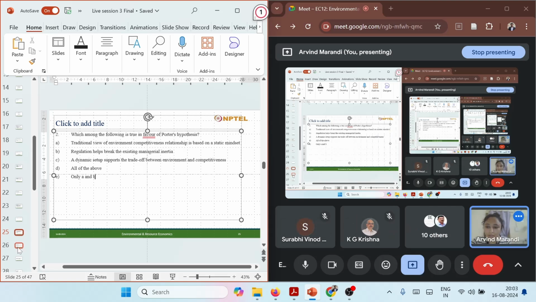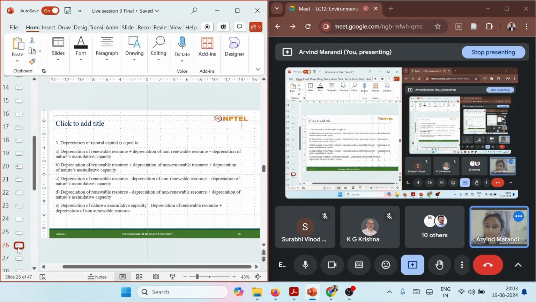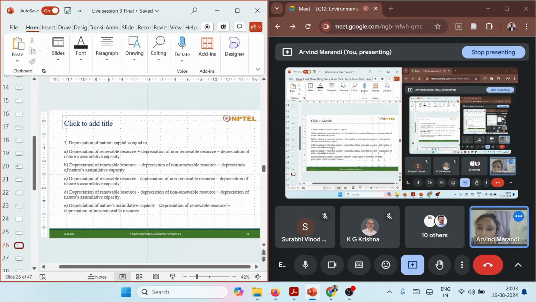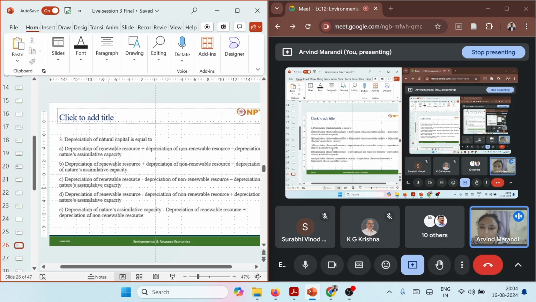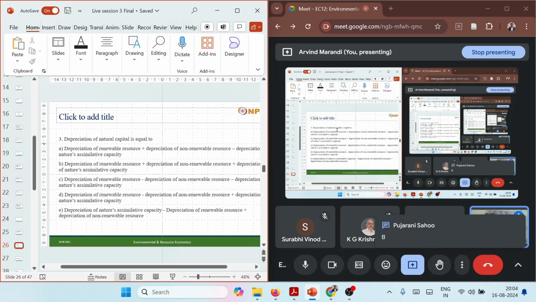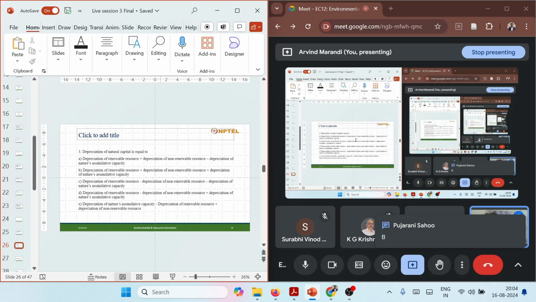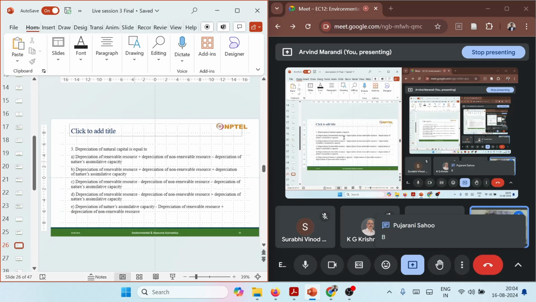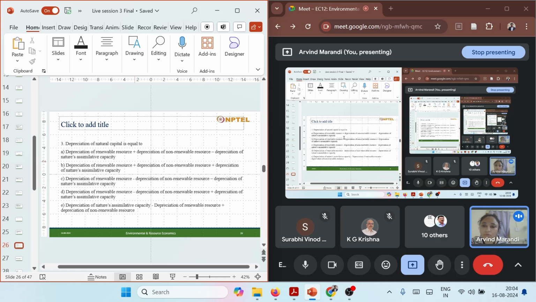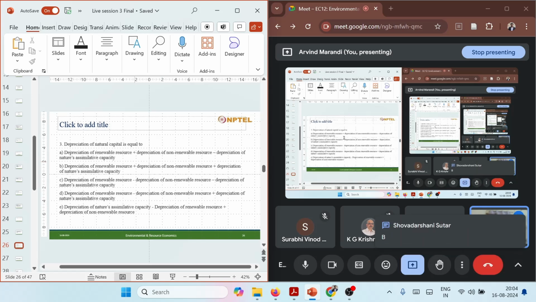Okay, so I think it's clear for everyone. And next one is, so if you remember, what is the depreciation of natural capital equal to? So natural capital will be calculated, right, to find the genuine saving.